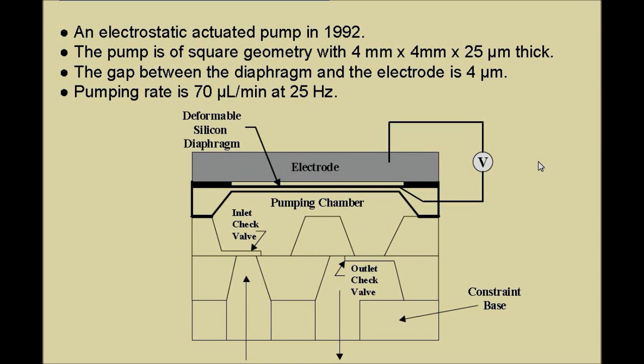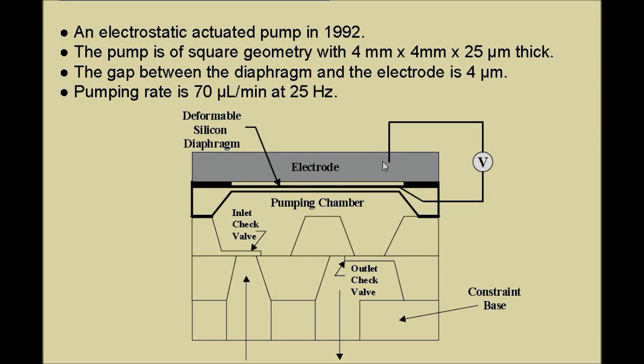So again you have a deformable silicon diaphragm that forms one electrode of the capacitor. You can see the deformable part is the bottom thick line, the black line going from here to here, to which the voltmeter is connected. This is the deformable part of the capacitor. Another plate of the capacitor is this, which is connected here.